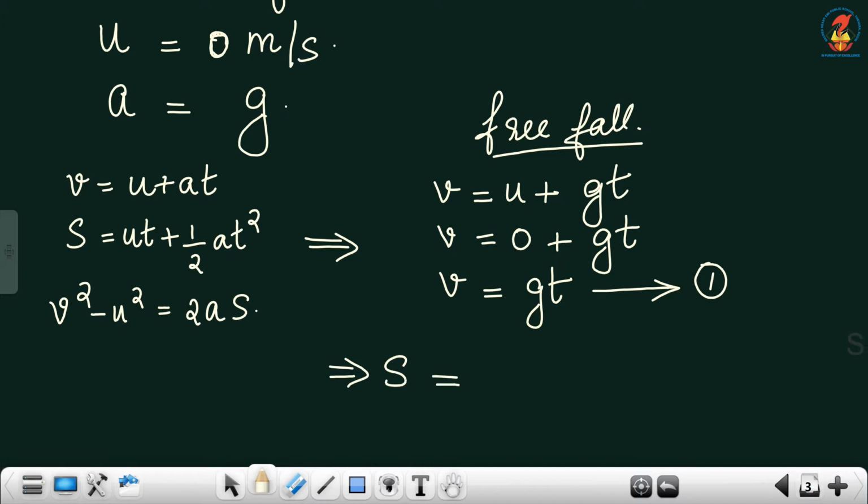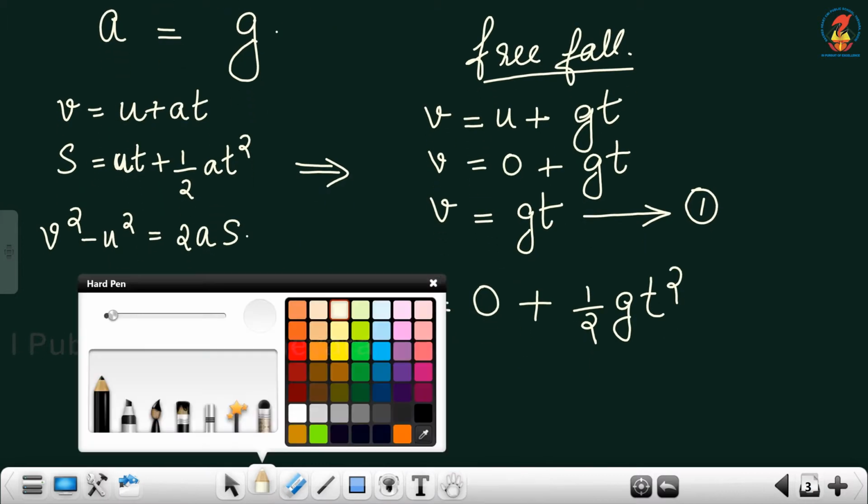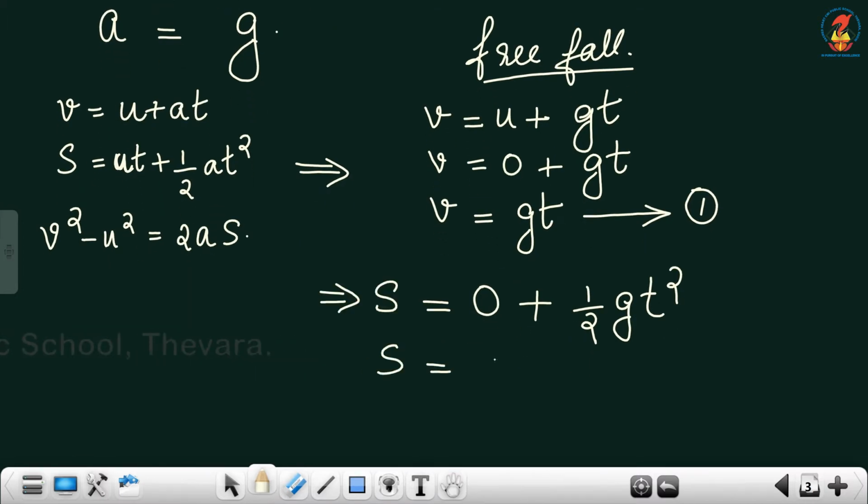Again in this case u is 0, so ut becomes 0, plus ½, and since the acceleration of the body is the acceleration due to gravity, instead of a we substitute g, times t². So, the equation becomes s = ½gt². This is the second equation of motion.